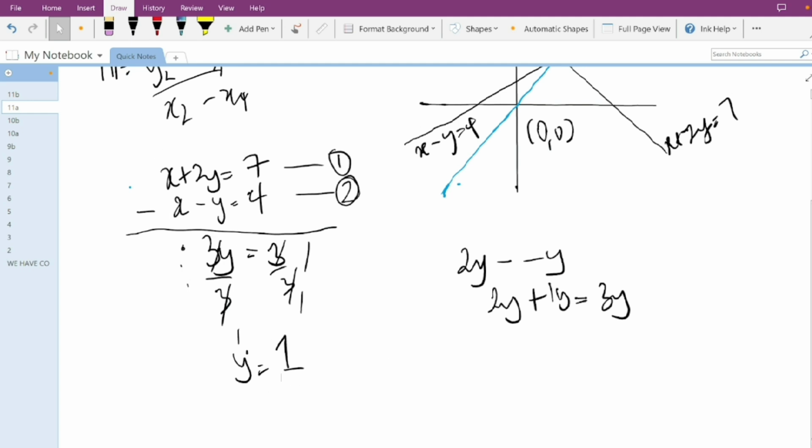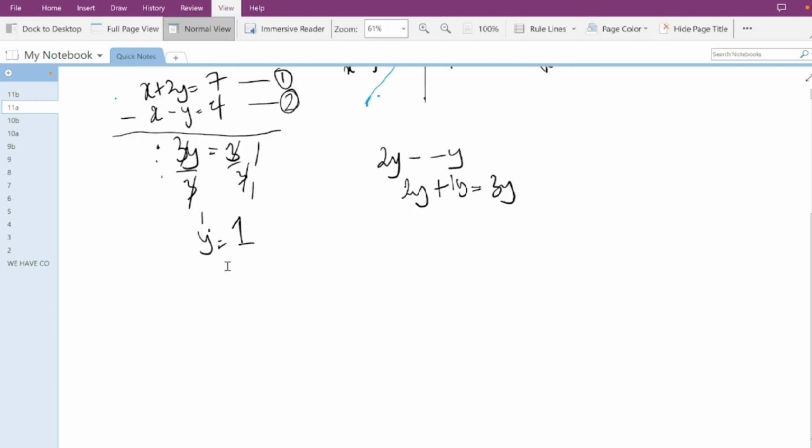Then we can find our x. Now that we have our y to be 1, we can find our x by substituting the value of y equals 1 into either equation 1 or 2. Equation 2 looks easier to work with. So we go with x minus y equals 4. We know our y is 1. When y is 1, we just substitute the value of y into the position of y.